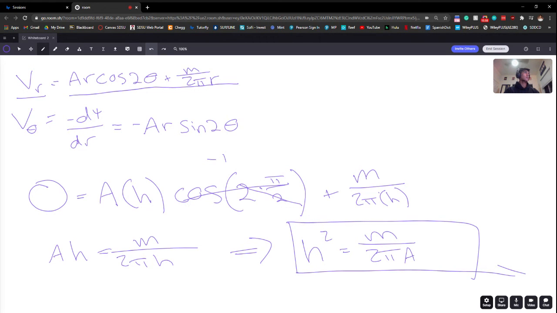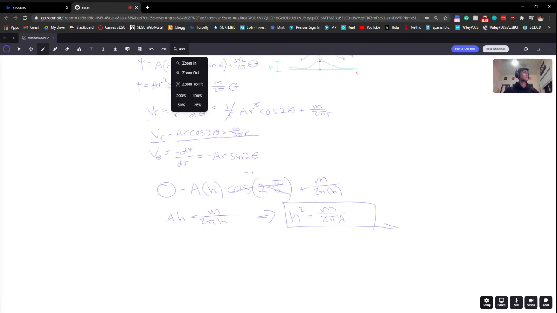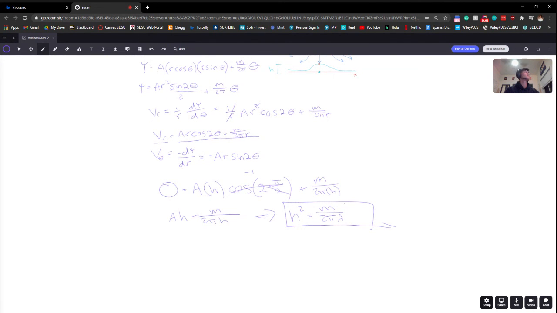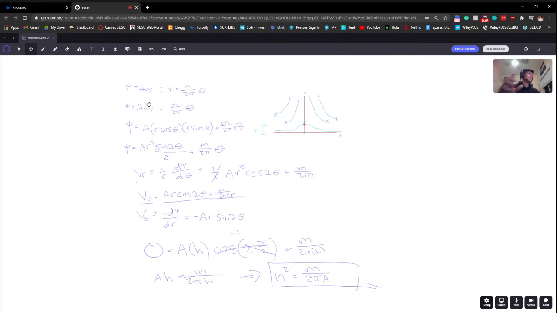So basically, we used our stream functions for uniform flow and a source, and then we converted to polar coordinates all the way through.